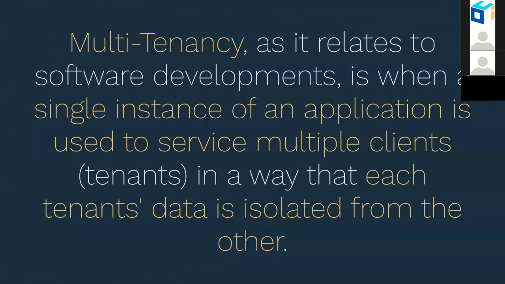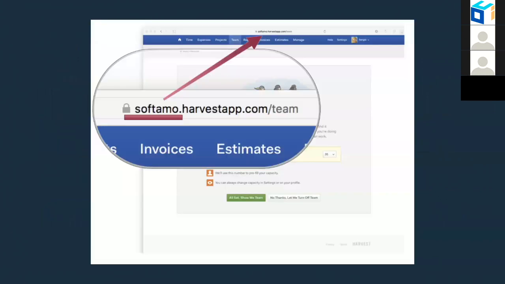Multi-tenancy, when we talk about software development, is when we have a single instance of our application that serves multiple clients, and we are able to isolate the data from one client to the other one. Software as a service applications are everywhere. For example, I use a time tracking application called Harvest.